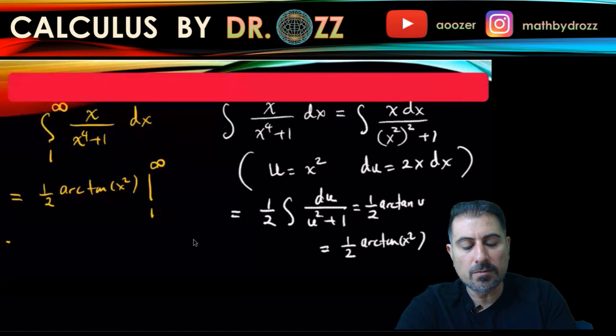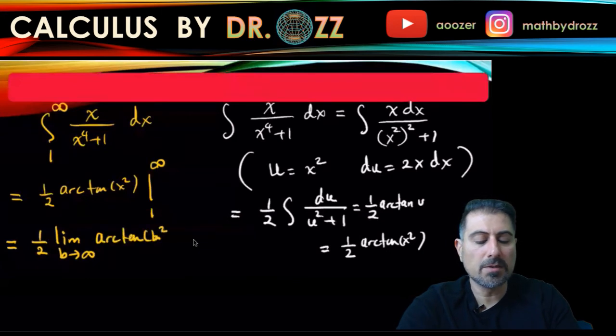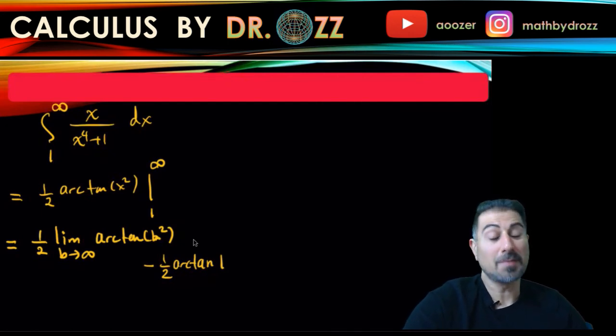So essentially, when you plug in the upper limit b, that's going to be 1/2 arctan b squared minus 1/2 arctan 1. And we have almost the same case like in the previous exercise. So what is arctan for a large number of inputs? So arctan infinity, that's going to be pi over 2.